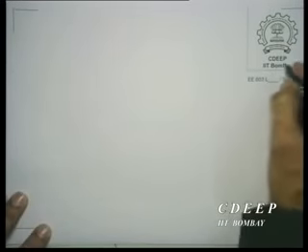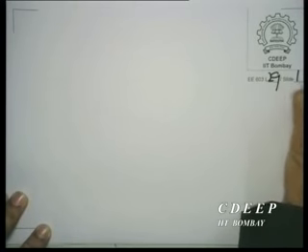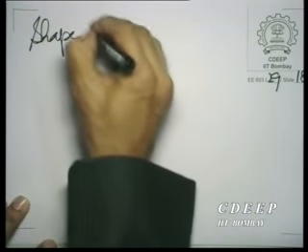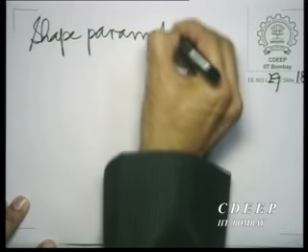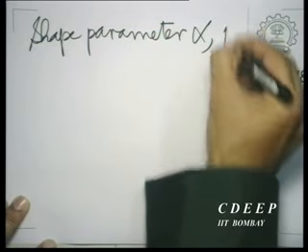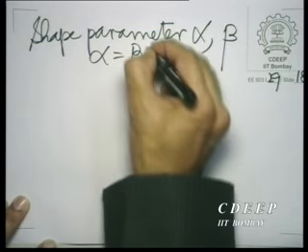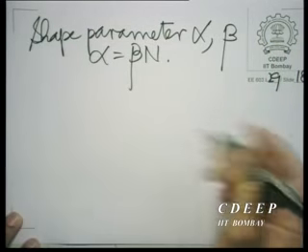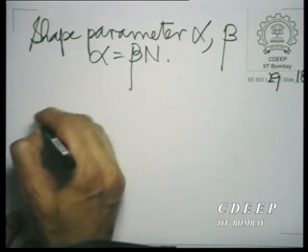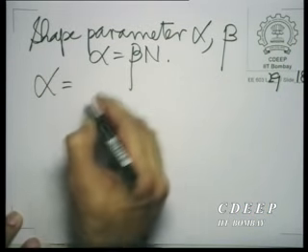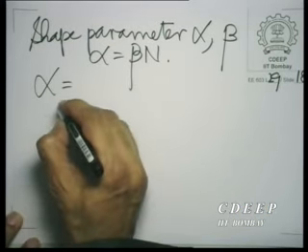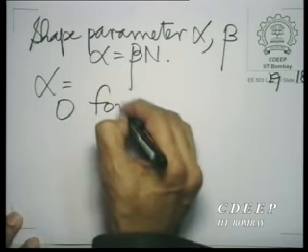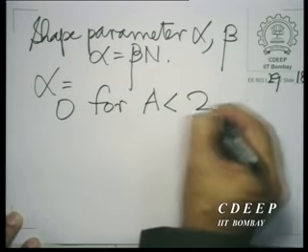Now, of course, we also need to determine the shape parameter, which we could either call alpha or beta. Alpha is of course equal to beta times n. So we will write an expression for alpha, and then you could correspondingly write an expression for beta. Alpha is equal to 0 for A less than 21.